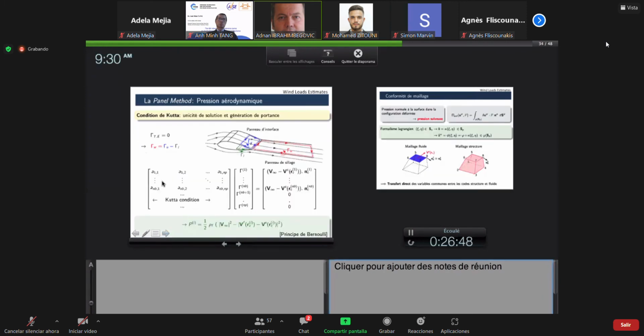And then from then on, you can develop the set of equations in terms of these vortex strengths for each and every one of these panels. Of course, this set has to be made unique, and this is done by using the Kutta condition, that the vorticity on one part and the other part will join together and become the same. After that, when you have computed your velocities, you can use the Bernoulli principle and say that the energy along a certain streamline remains the same, and you can obtain all the information that you need for your computation.